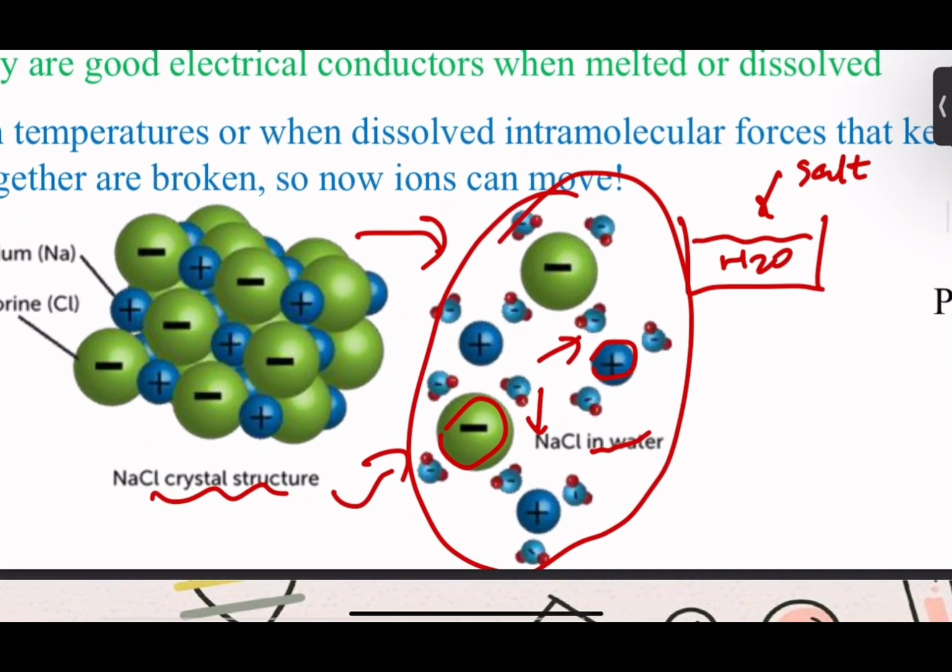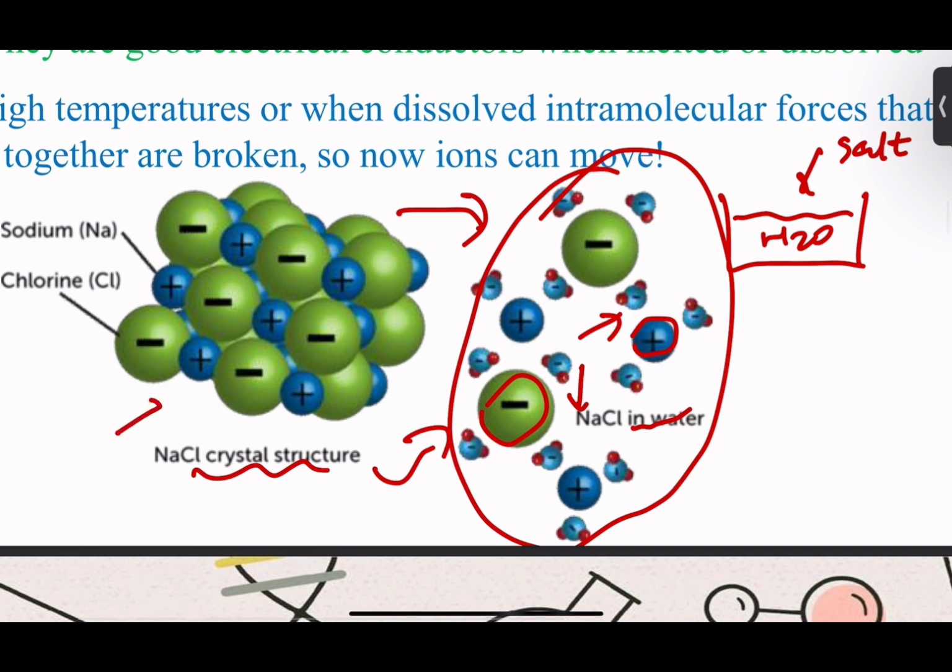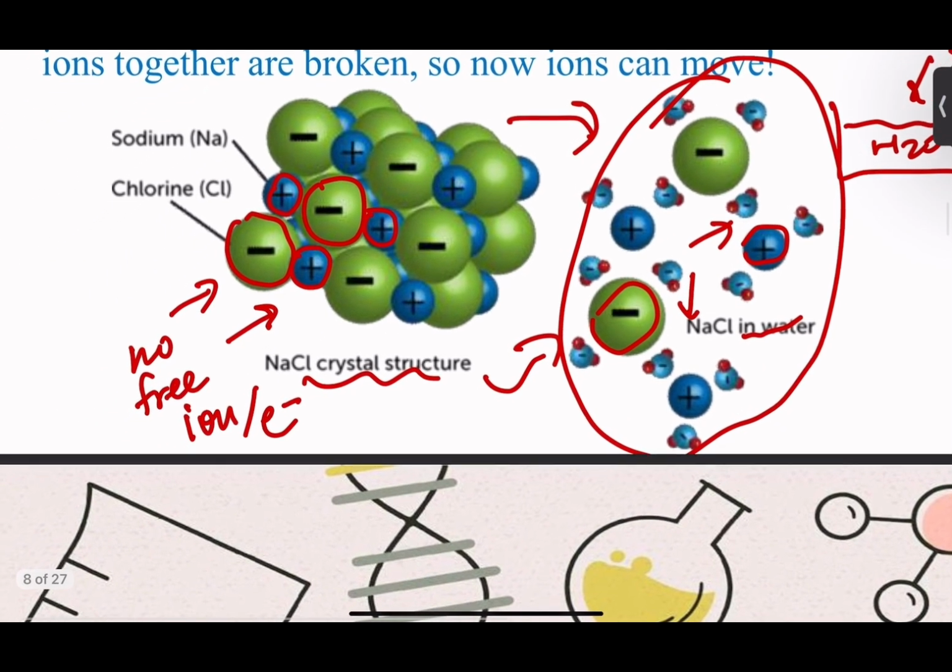The reason they do not conduct electricity, again, has to do with the shape. You see, in a solid state, they are very attracted and have a structured shape. So there is no free ion or electron. You need free ions and electrons to conduct electricity.